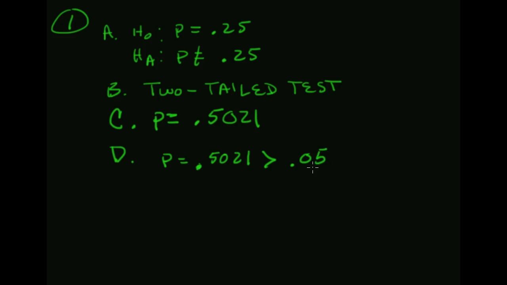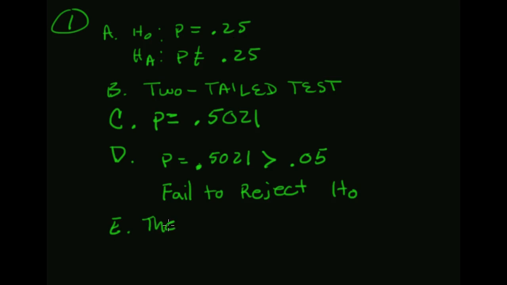So this is bigger than that. The p is larger than the alpha, which means that I fail to reject the null hypothesis. Now, in this problem, the null hypothesis is the claim.